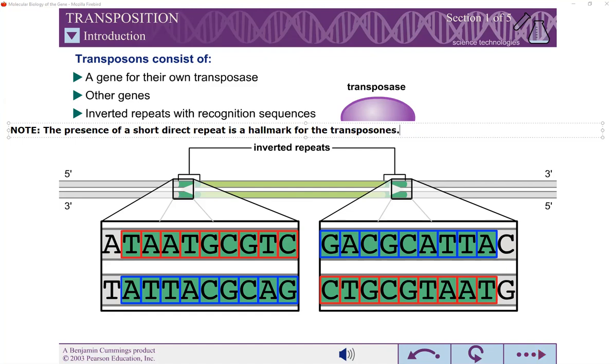Okay, so the presence of this short direct repeat indicates that yes, a transposon is present, and these are the short direct repeats. These are inverted sequences, and these are palindromic sequences.